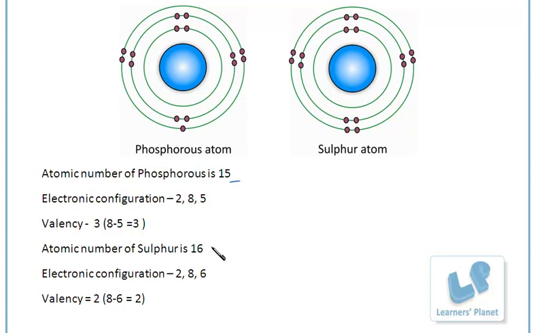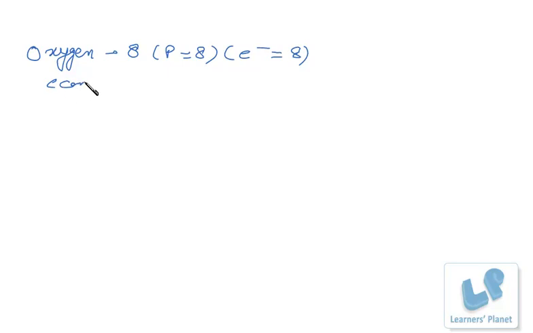Likewise, we can take oxygen also. What is the atomic number of oxygen? It is 8. That is, the number of protons in oxygen is 8 and the number of electrons in oxygen is also 8. So what will be the electronic configuration of the oxygen atom?